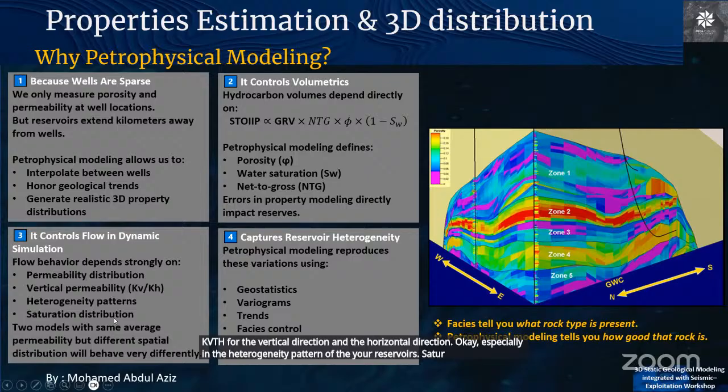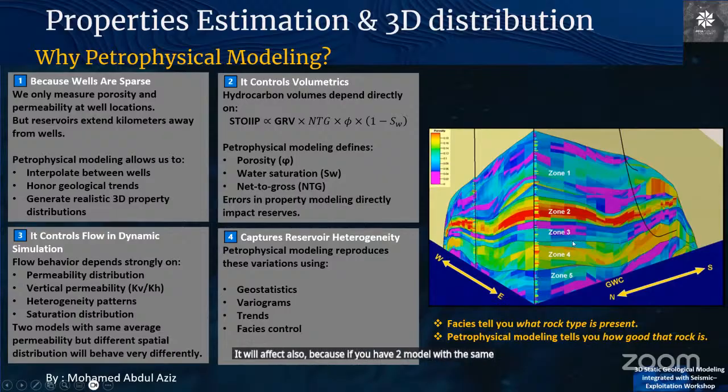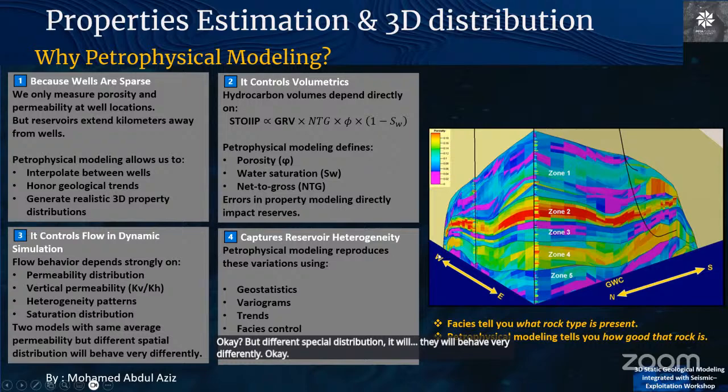Saturation distribution will also affect it, because if you have models with the same average permeability but different spatial distribution, they will behave very differently. So it controls capturing the reservoir heterogeneity.